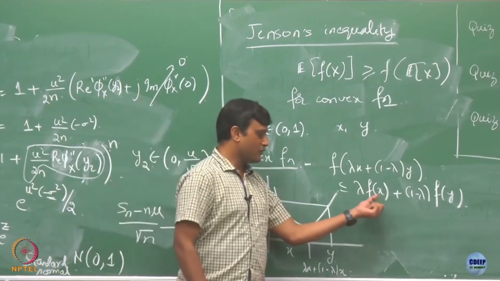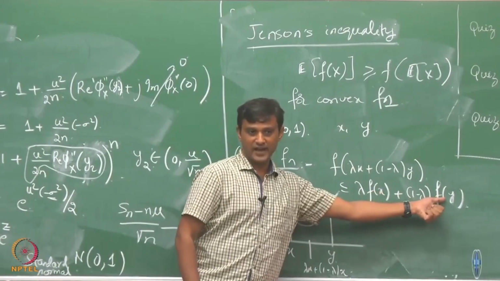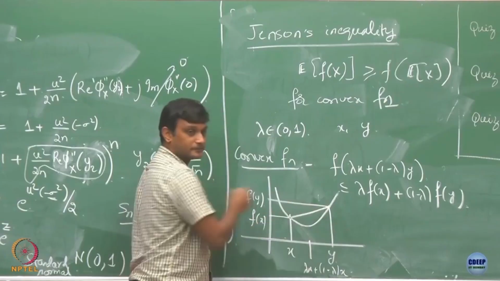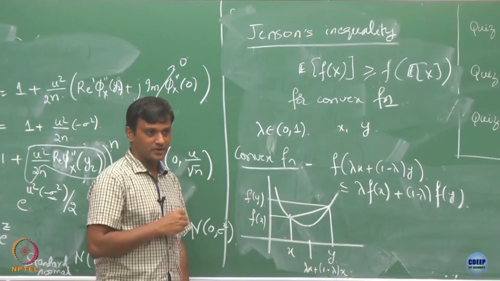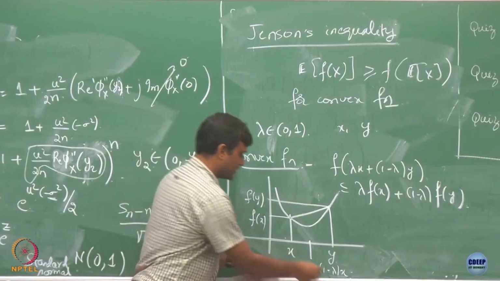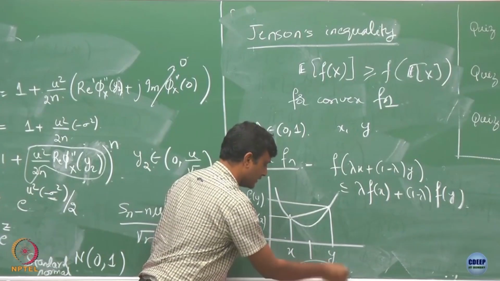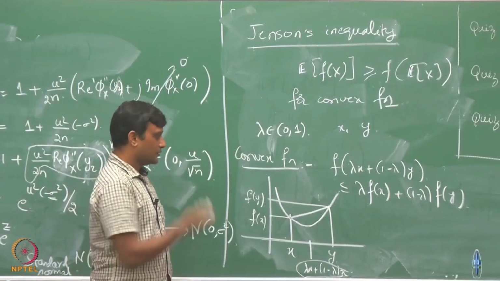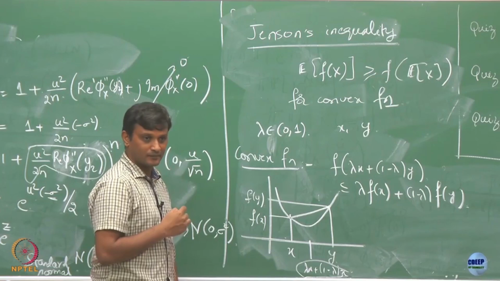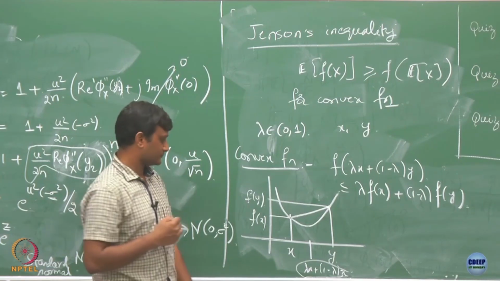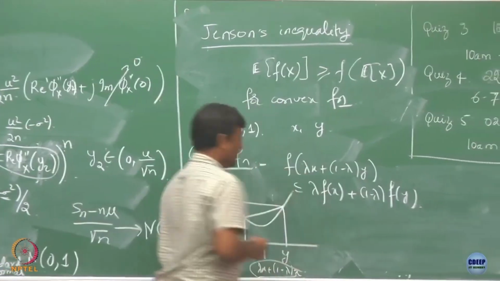So this is a linear combination of the points f of x and f of y, right? So f of x is here, f of y is here, this is going to be the linear combination of them. And what is the function value at this point?